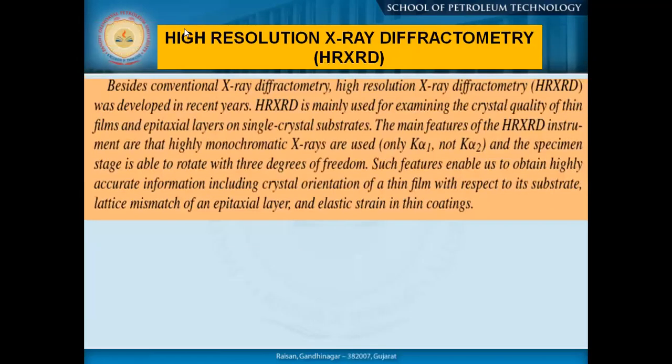Okay. So at present, besides conventional X-ray diffraction, high resolution X-ray diffractometry was developed in recent years. High resolution X-ray diffraction is mainly used for examining the crystal quality of thin films and epitaxial layers on a single crystal substrate. So we are now making thin films of nanometer thickness, and we are trying to understand the structure also.